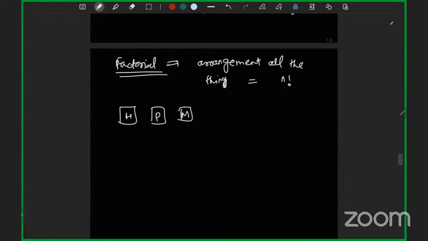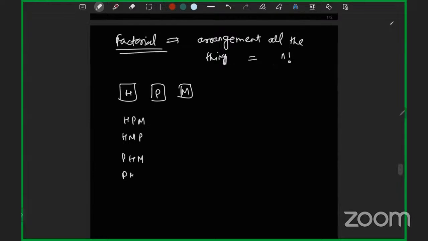Arrange them. How many ways can I arrange them? HPM, HMP, then MHP, MPH, PHM, PMH. So these six ways I can arrange them. You can see all the six ways are different.